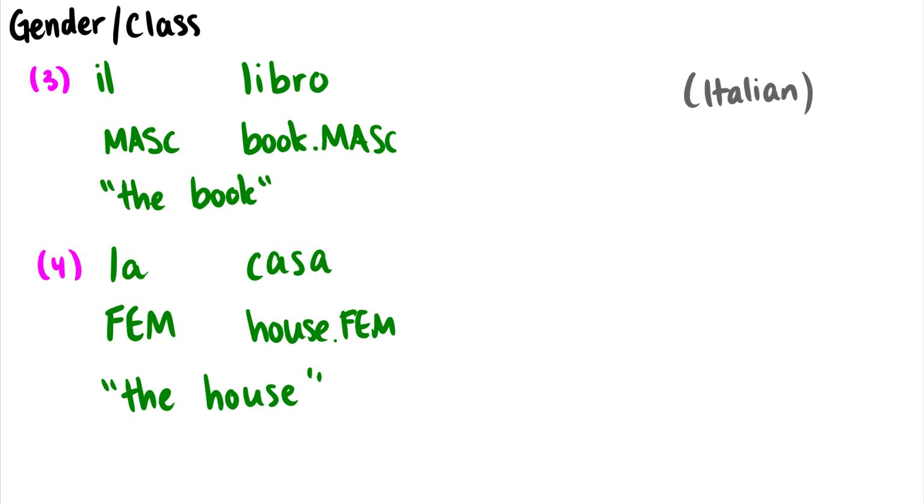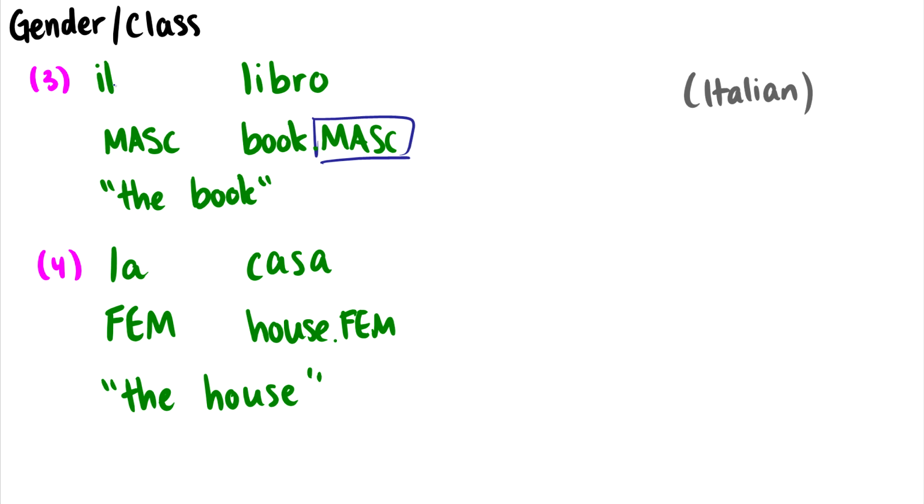It can also do gender, class. So here's Italian. I talked about French a little bit in the verb video, but Italian. So we have il libro, which is the book. The book is masculine. Okay, so all of these nouns in Italian have gender, whether they're masculine or feminine, or they may have neutral, I'm not entirely sure.